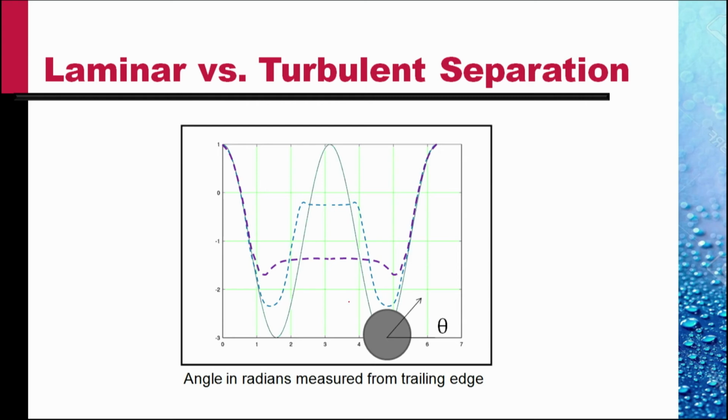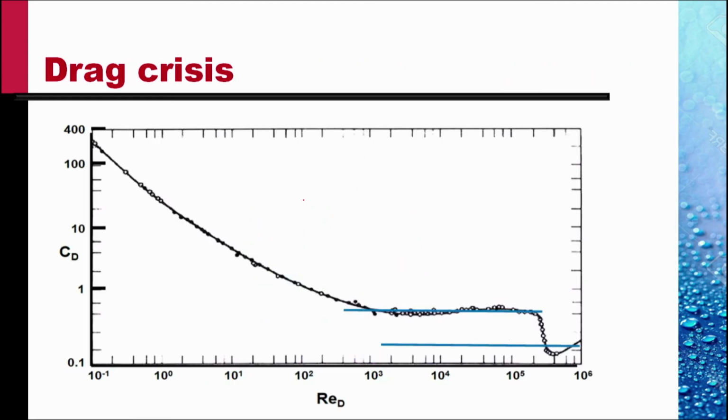And the separation is delayed from around here to around there. This results in a narrower wake. The pressure recovery is more than that in the case of the laminar flow, reducing the pressure drag in the case when the separation is turbulent. And this results in a lower drag coefficient.